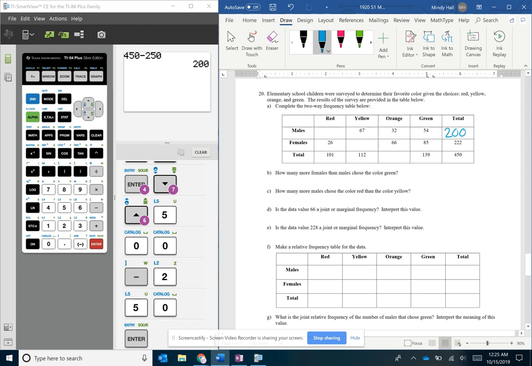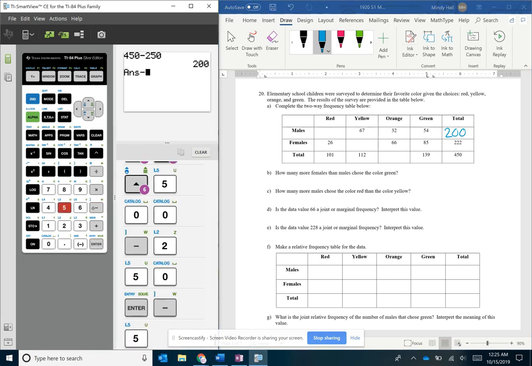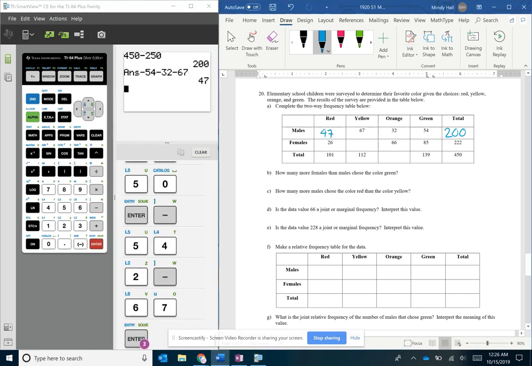Now, if I have 200 males total, now I can subtract all of the other colors so that I can find red. So 200 minus 54 students that like green, minus the 32 students who like orange, minus the 67 who like yellow. That gives me 47 students who liked red.